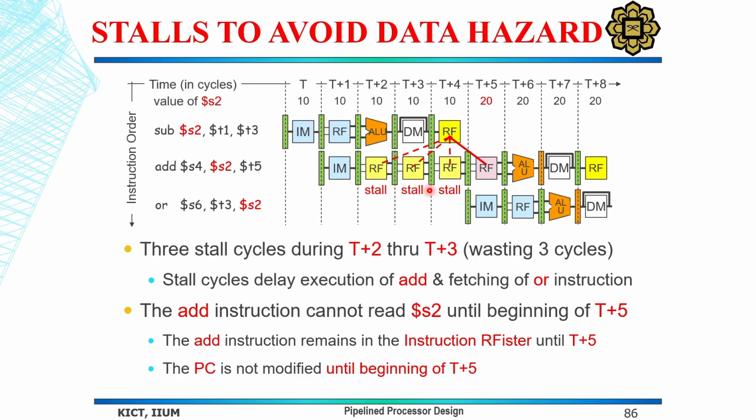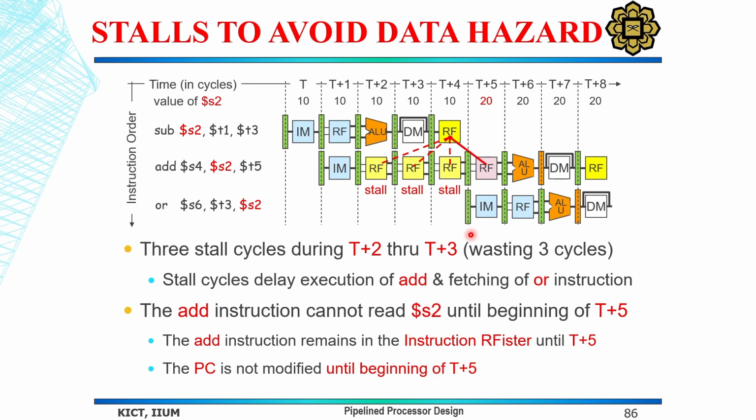Then it continues with the instruction decode for the second instruction in the T plus 5 cycle, because by this time the $S2 value is already available from the first instruction. So we continue the instruction decode here, then the rest of the process continues as normal. The third instruction, or, will come in during the same cycle where instruction decode for the previous instruction is happening.